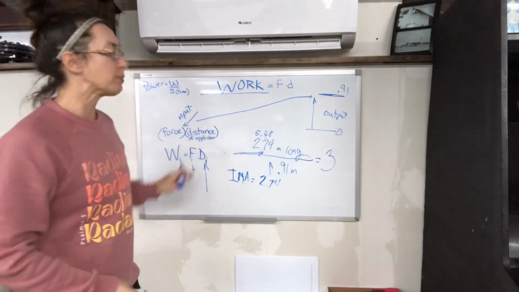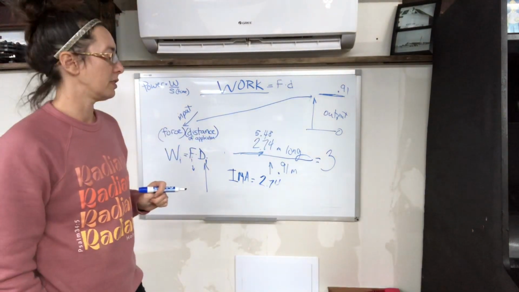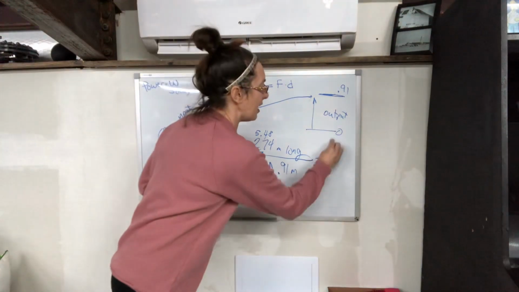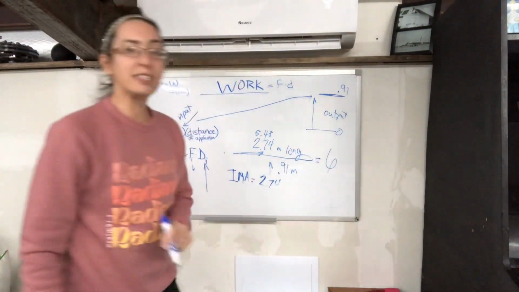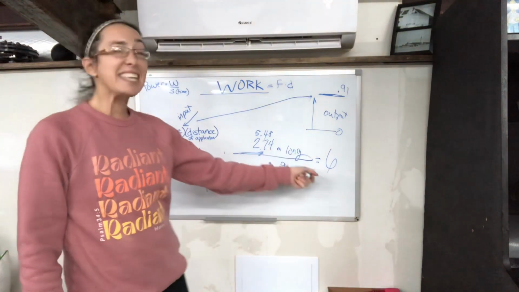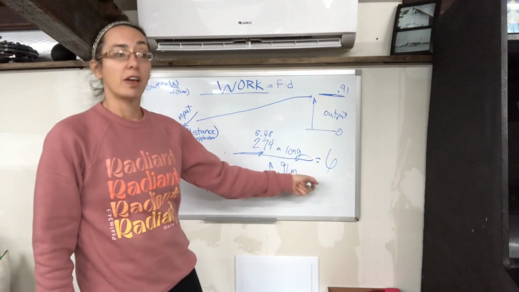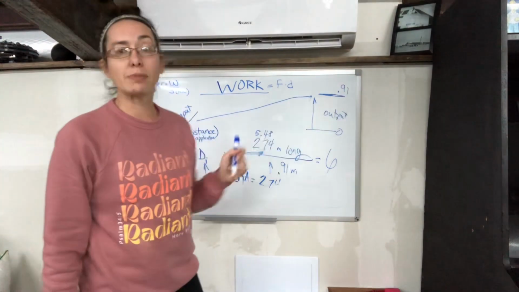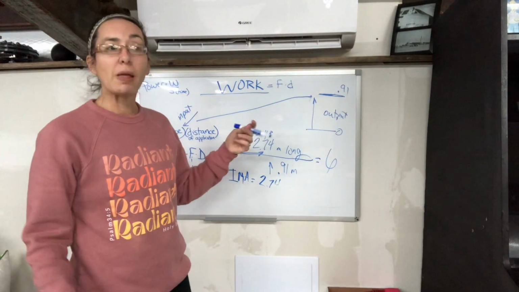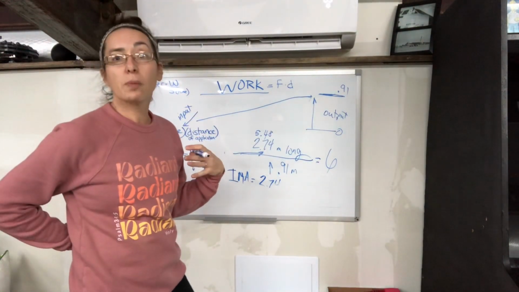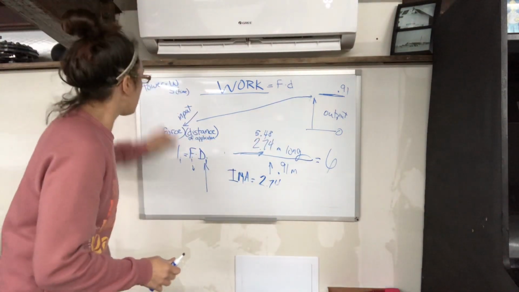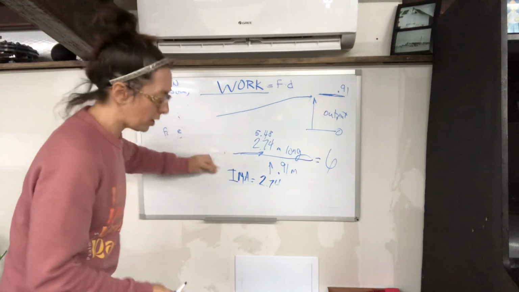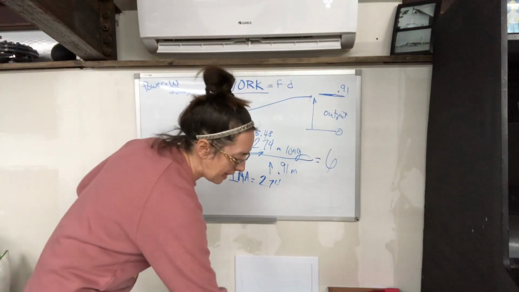I made my ramp twice as long. Now when we divide, my mechanical advantage should be 6. Now it's 6 times easier for me to take whatever I'm taking. I'm having to walk a lot further, but maybe it's not going to throw my back out this time. Okay, so that's how our work and our mechanical advantage plays out.